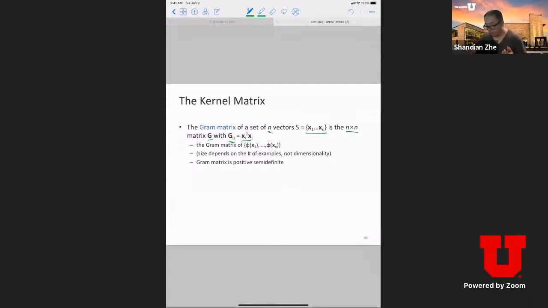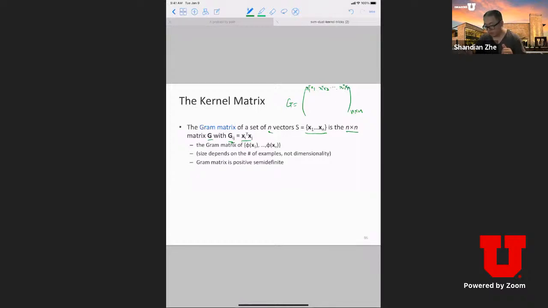So you can imagine this is an n by n matrix. The first element will be x1 transpose x1. The second element along the first row will be x1 transpose x2, and you continue until x1 transpose xn.